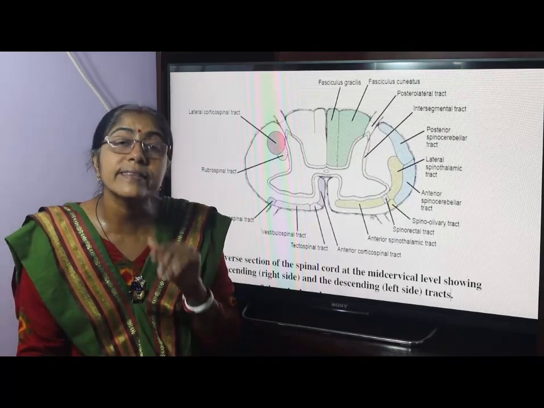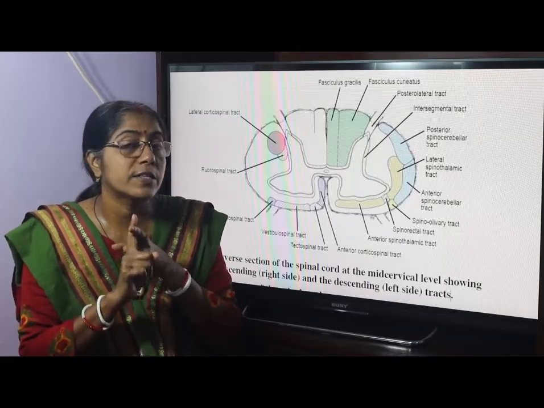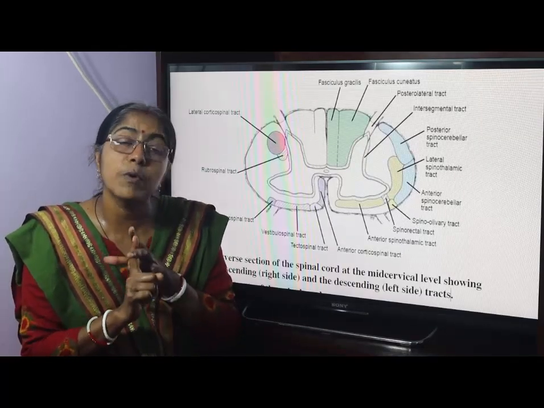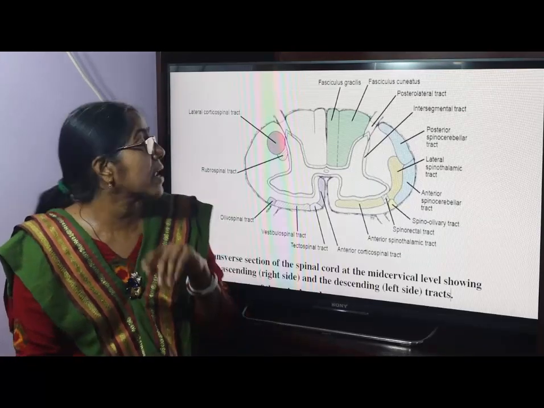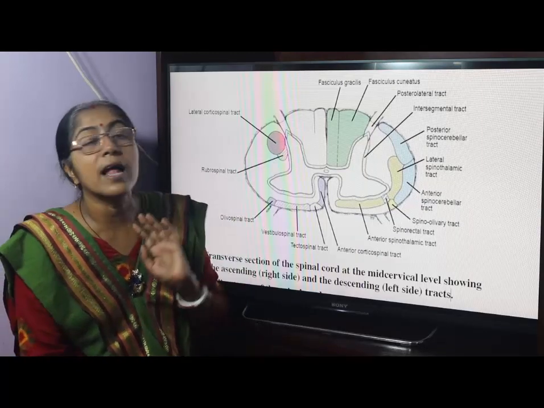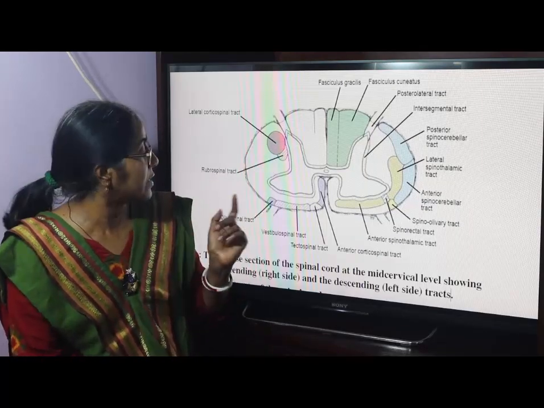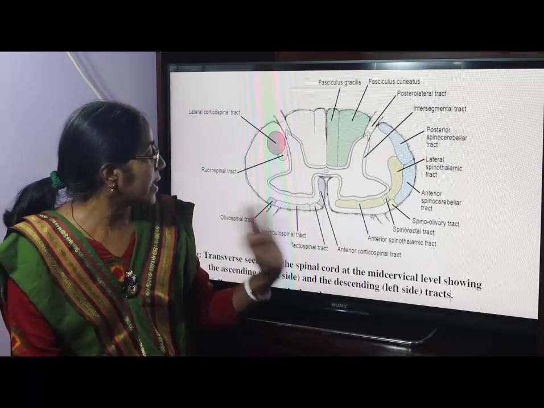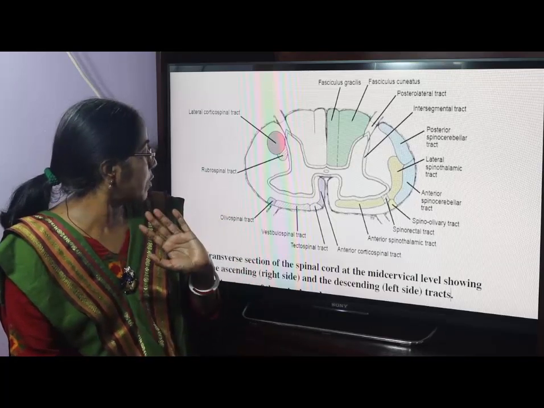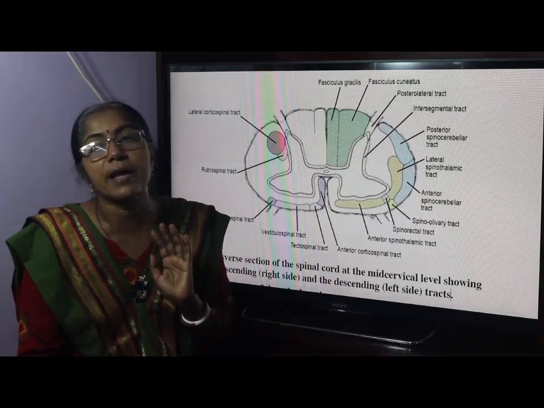Now, what are the descending tracts? Number 1, corticospinal tract. Number 2, olivospinal tract. Number 3, vestibulospinal tract. Corticospinal tract, again it is divisible into lateral corticospinal tract and anterior corticospinal tract. This is the tectospinal tract, vestibulospinal tract, olivospinal tract, rubrospinal tract.